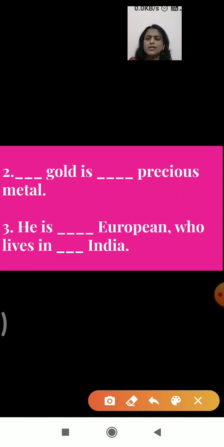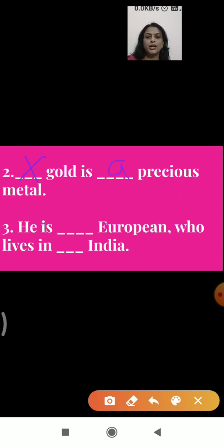Are we supposed to use any article before the precious metal or the materials? No. So what will come here? Yes, you will have a cross. We are not using any article there. So gold is precious, so it is a precious metal, right?